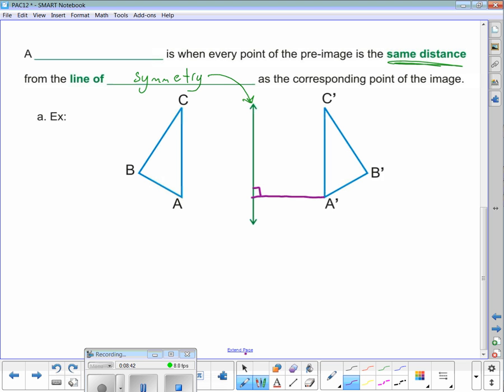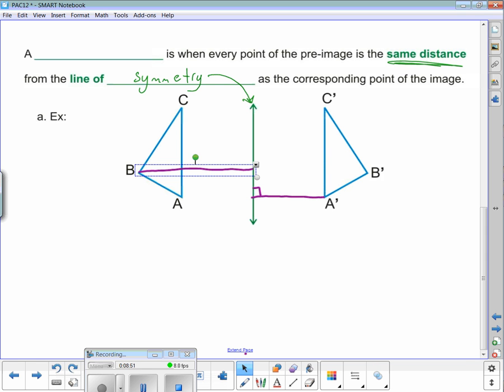Okay? I'll do another point, point B. So again, it would be perpendicular. This should, come on, give me that one. No, got to talk to it. Got to coax it. And if everything were right, that one would be the same distance away, right?